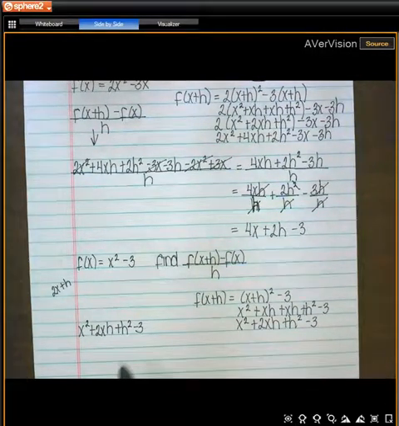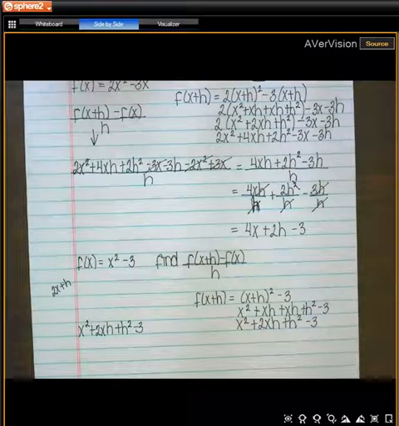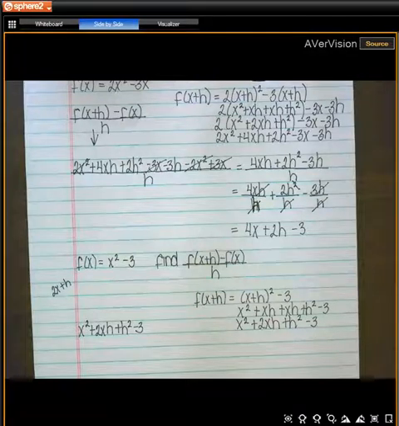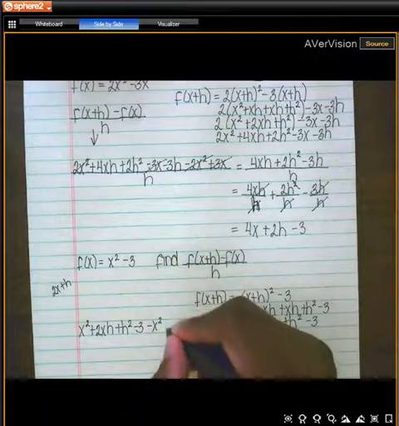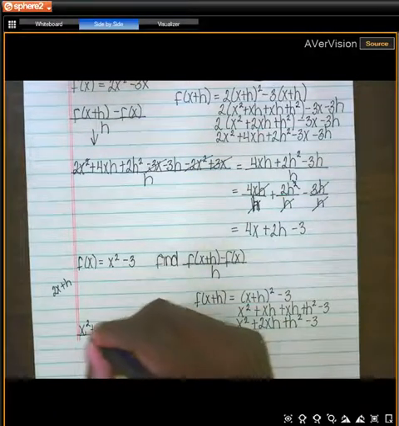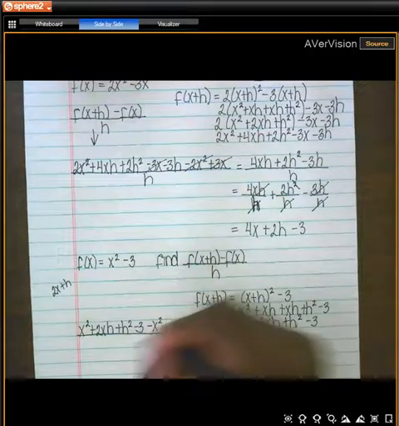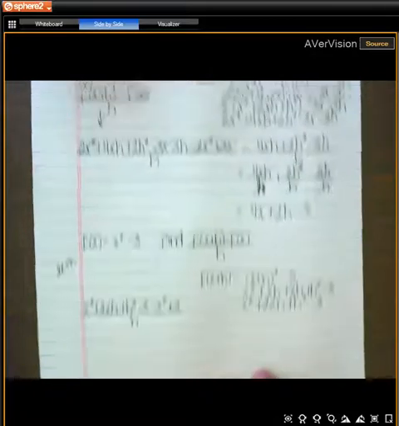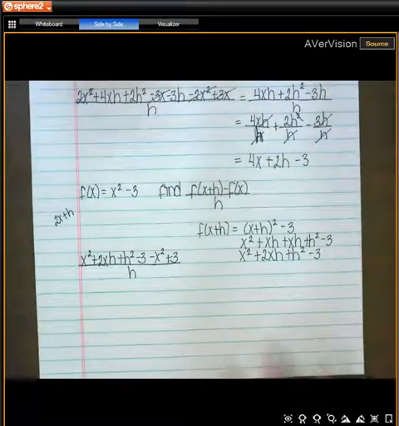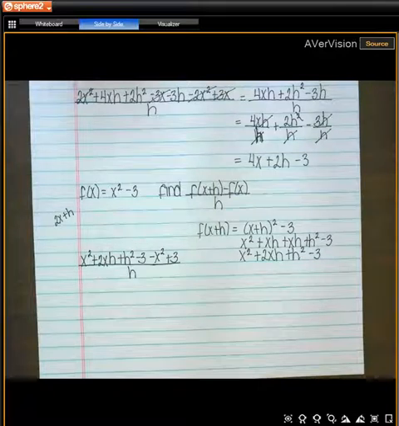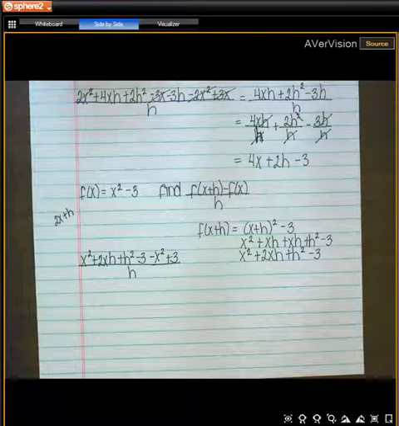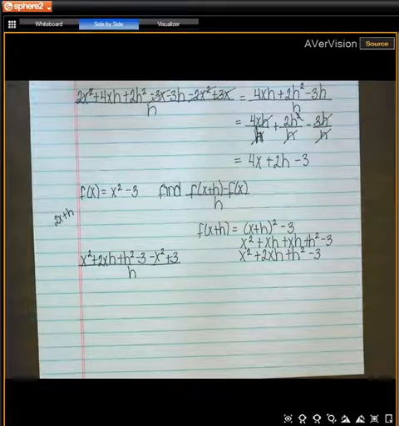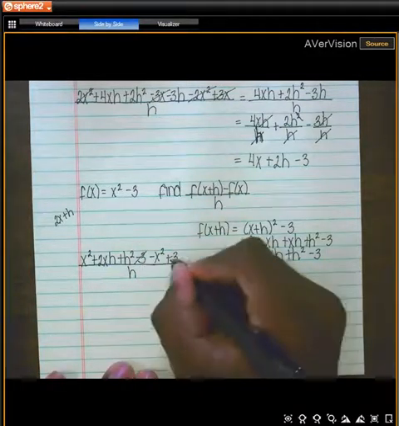And what is negative f of x for this problem? Can we cancel anything out? We have negative 3 and 3.